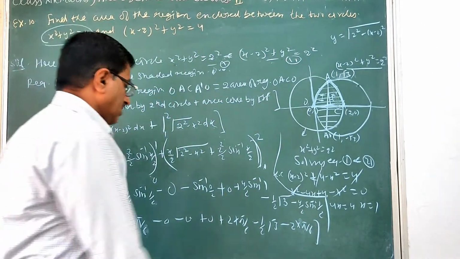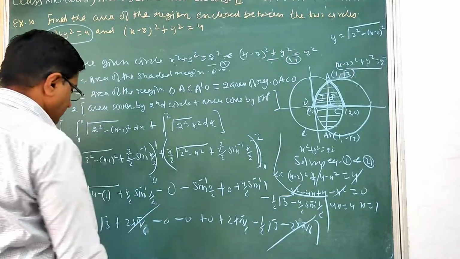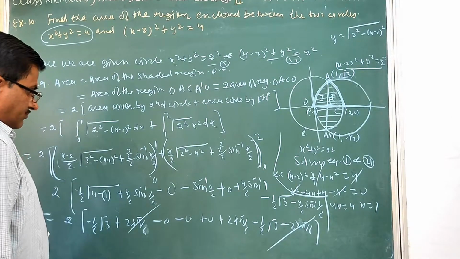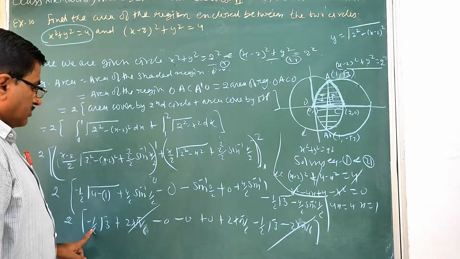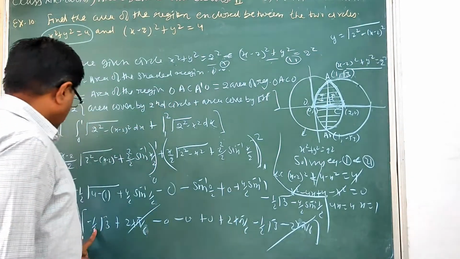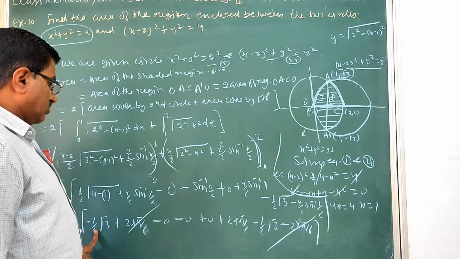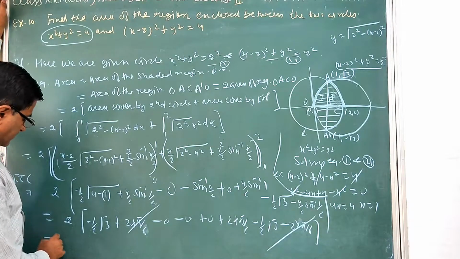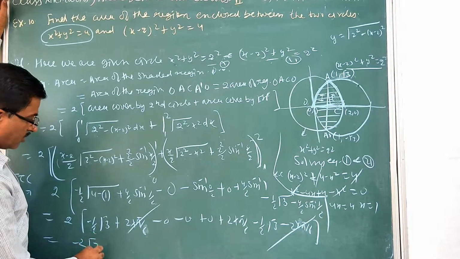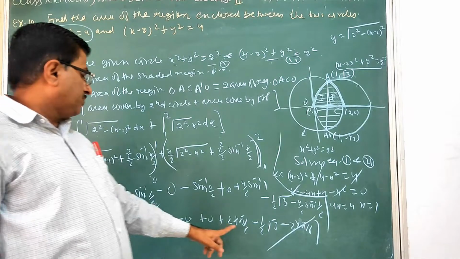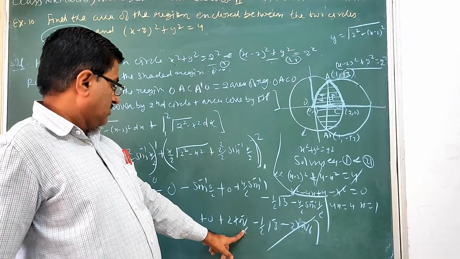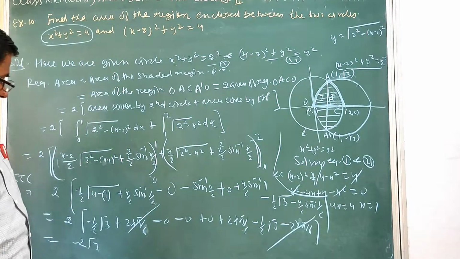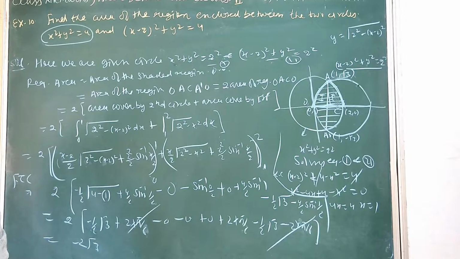So these values will be cancelled out. So we have minus 2 root 3. Then this is pi. Only we get pi here and multiply by 2, that is 2 pi.